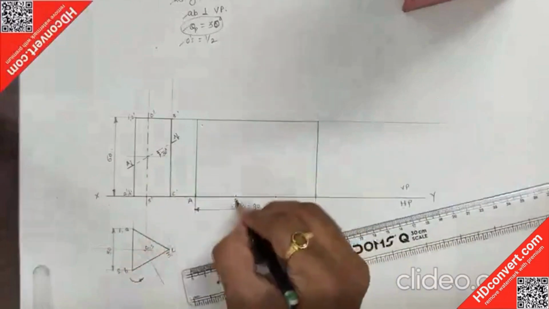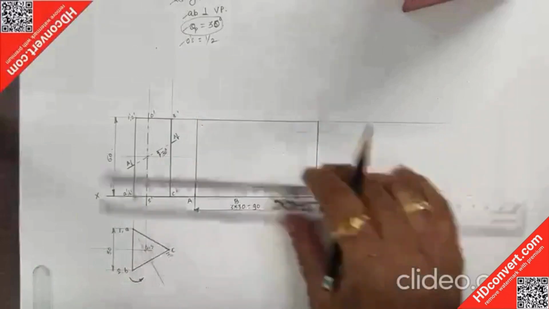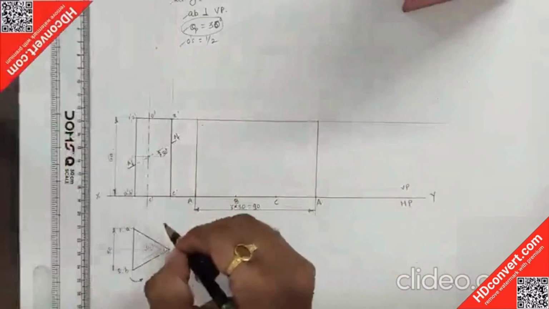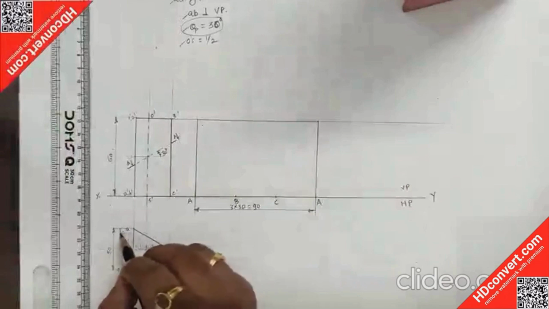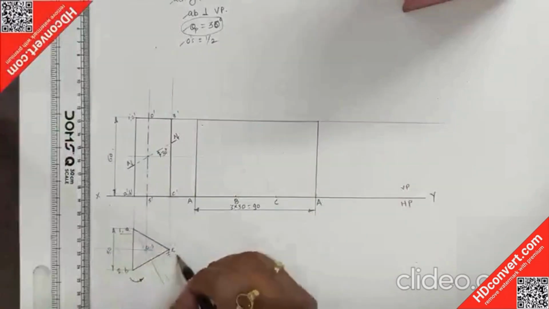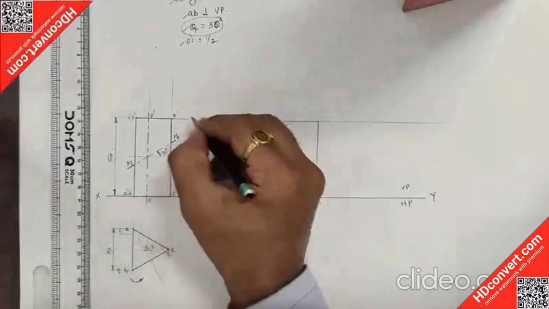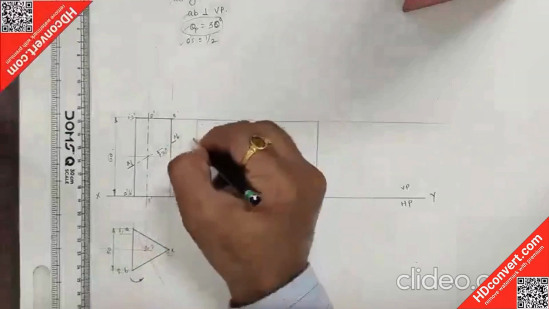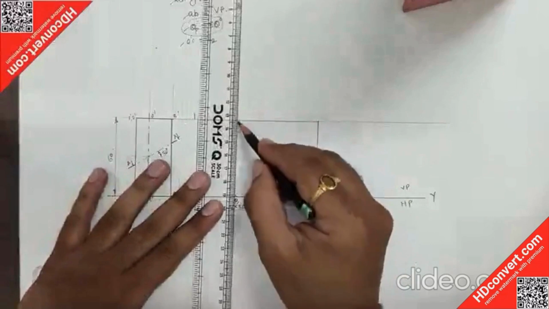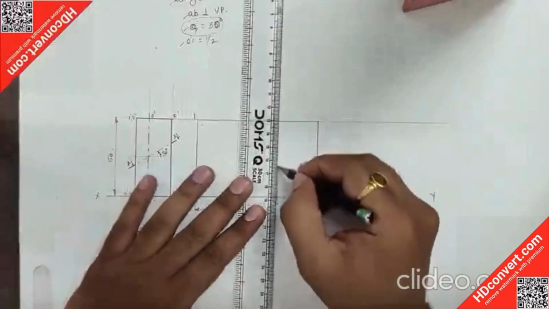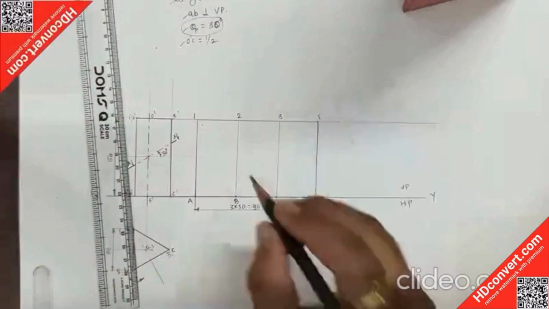That means A, B, C, and again A, the starting point. After this, the longer edges are in this pair: 1A, 2B, 3C. These are the longer edges which form the rectangles. So this is 1, 2, 3, and again 1.